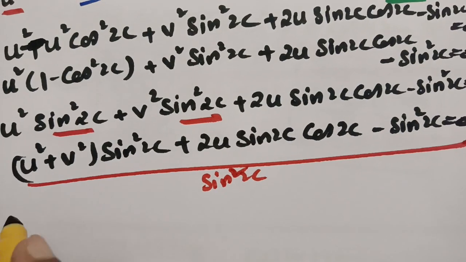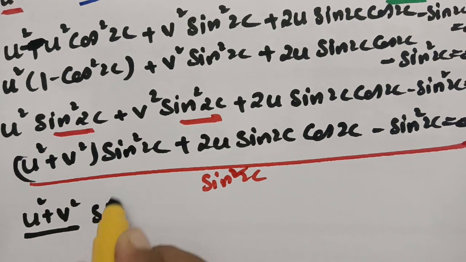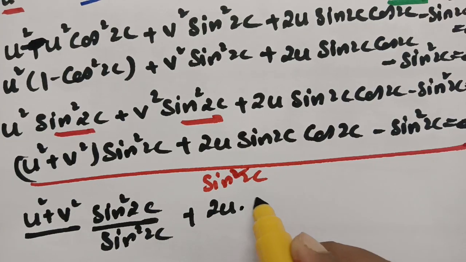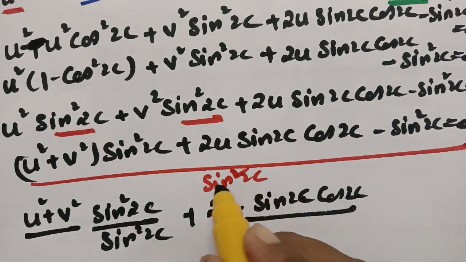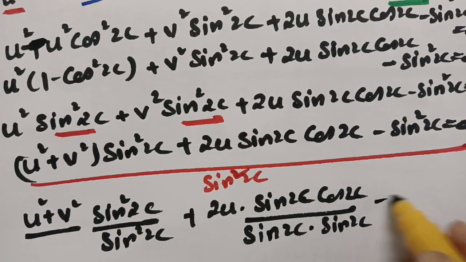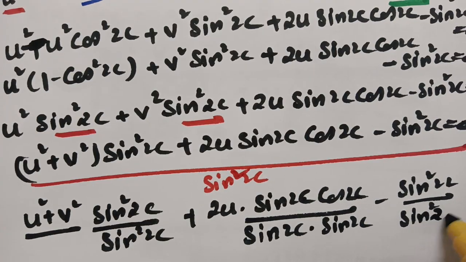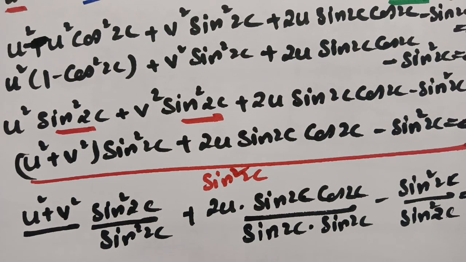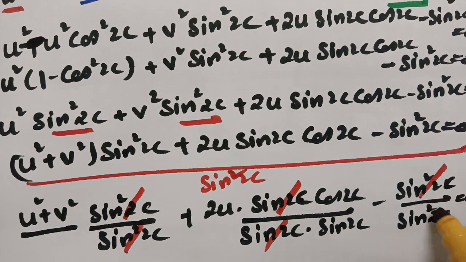This value will become (u square plus v square) into sine square 2c by sine square 2c plus 2au sine 2c cos 2c by sine 2c into sine 2c minus a square sine square 2c by sine square 2c is equal to 0. Clear? And now I can cancel sine square 2c with sine square 2c, and cancel sine once in the middle term.